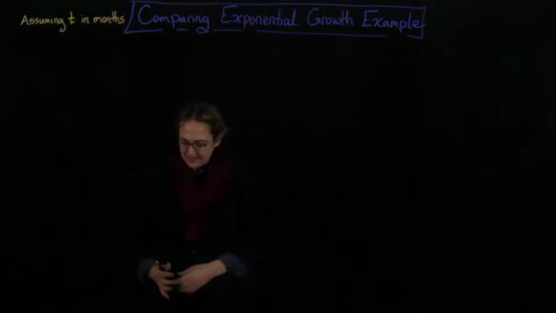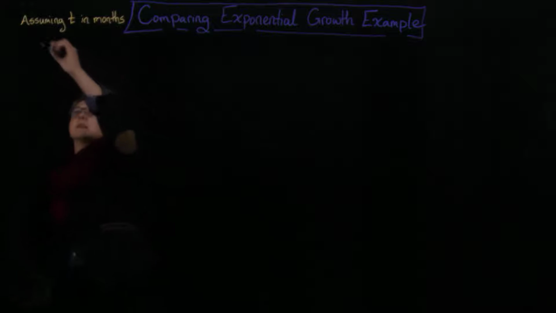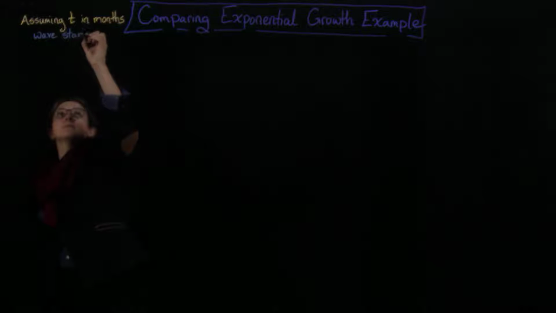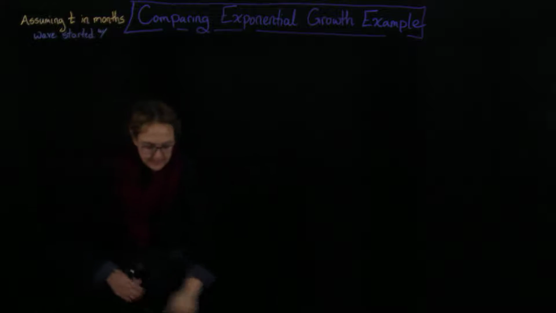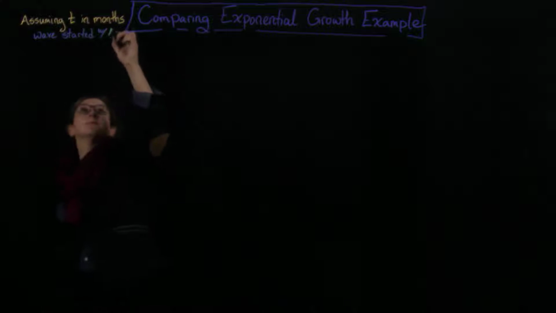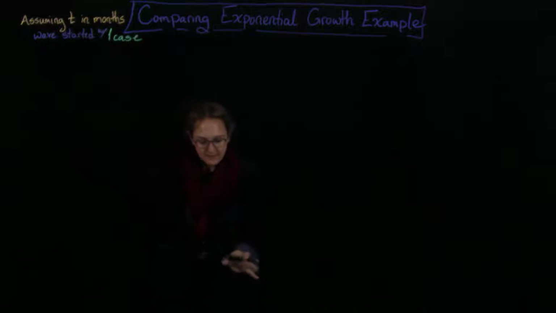So we're assuming that T is in months and the wave started with one case. This would have been an output, so this would have been one case. These are our assumptions so far.